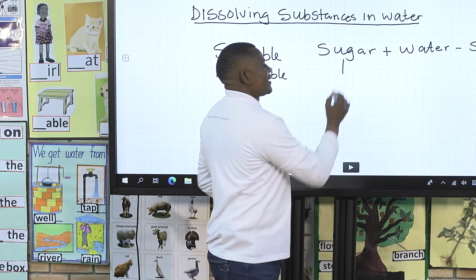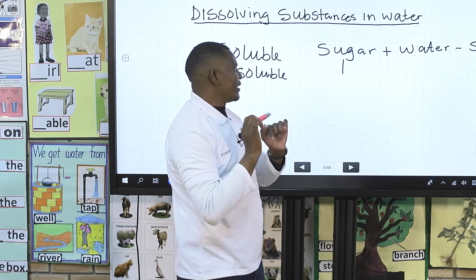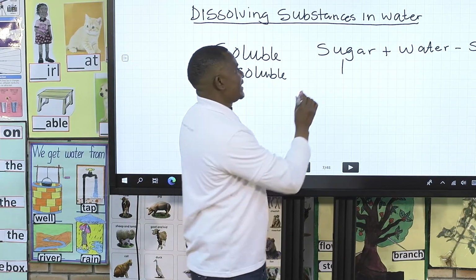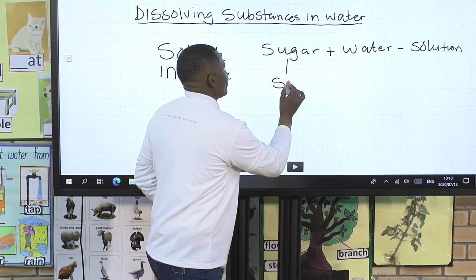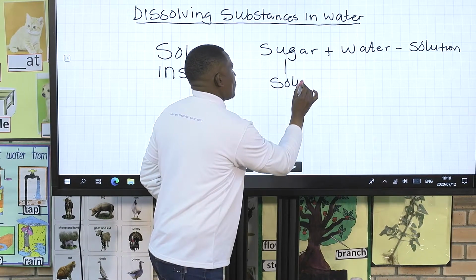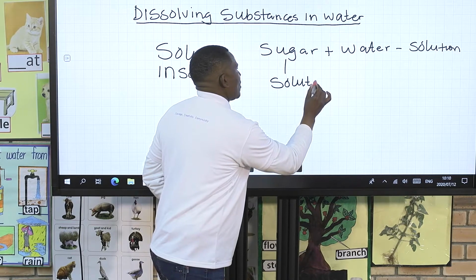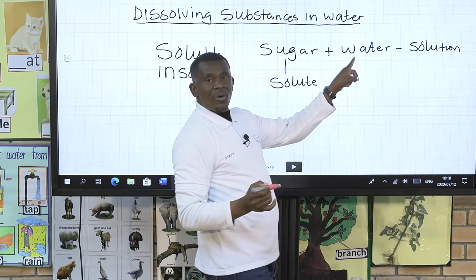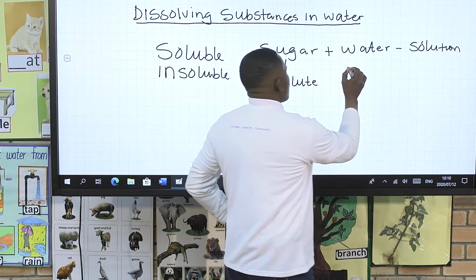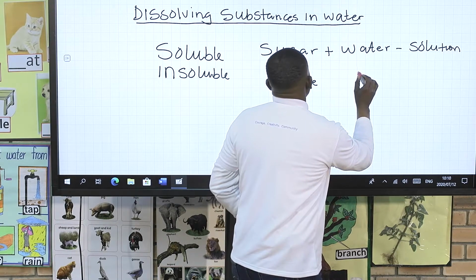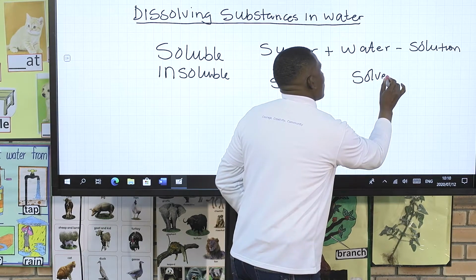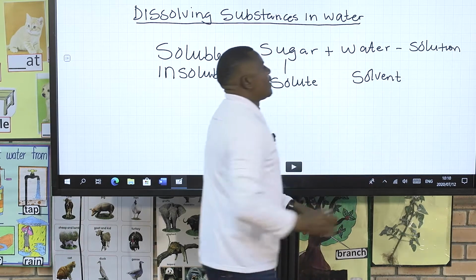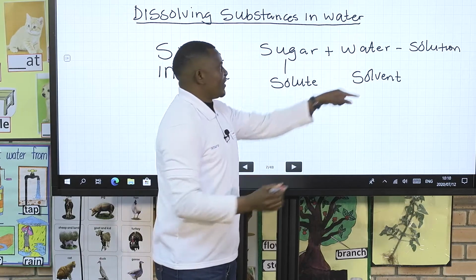Sugar is able to dissolve in water and it is called a solute, while water is called a solvent.